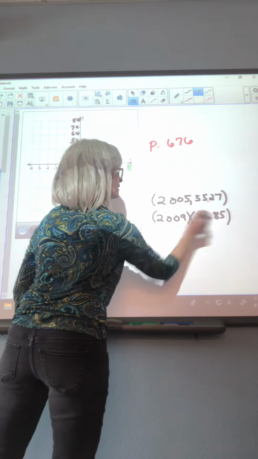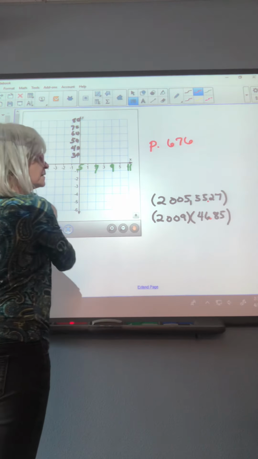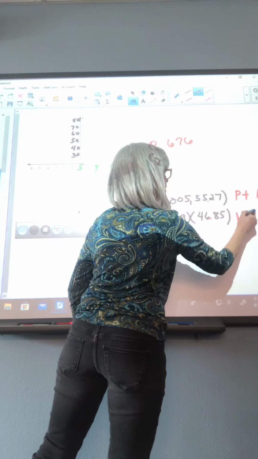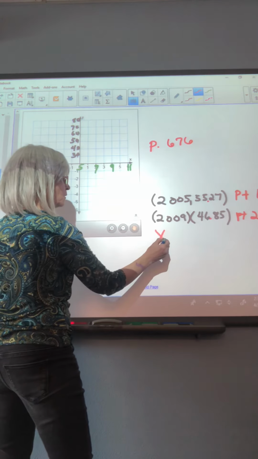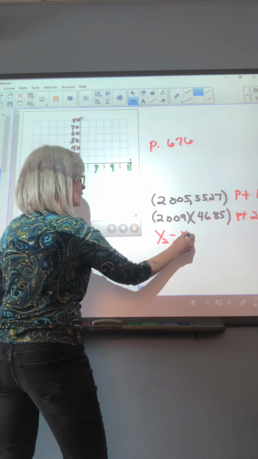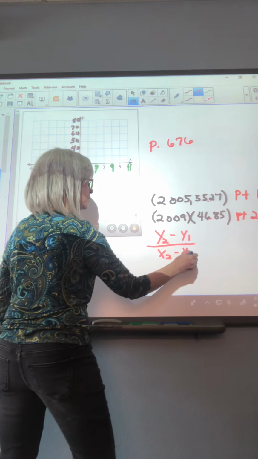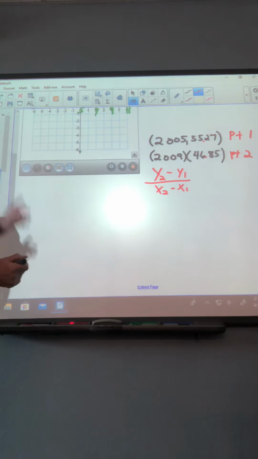Those points didn't come out when I first wrote them. So again, we're going to find slope mathematically. Let's go ahead and make this point 1 and this point 2 and do it mathematically. Remember, y2 minus y1 over x2 minus x1. Go ahead and do the math, and I will do it at the same time that you're doing it.